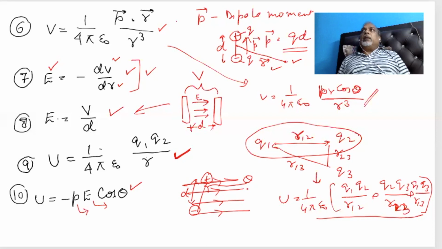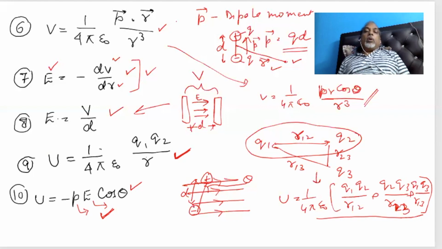If initially this dipole is perpendicular to this field, and you bring this dipole so that it is at theta angle with the electric field, then this is the potential energy you will find in the dipole.